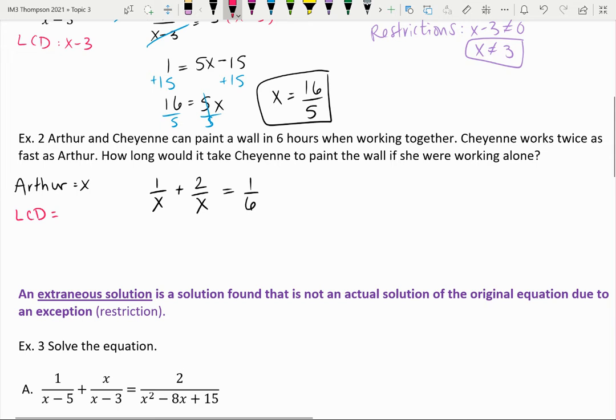Now to solve a rational equation, I just want to multiply everything by the least common denominator. So let's see, I have an x and I have a 6. So I'm going to multiply everything on the left-hand side by 6x and everything on the right-hand side of the equation by 6x.